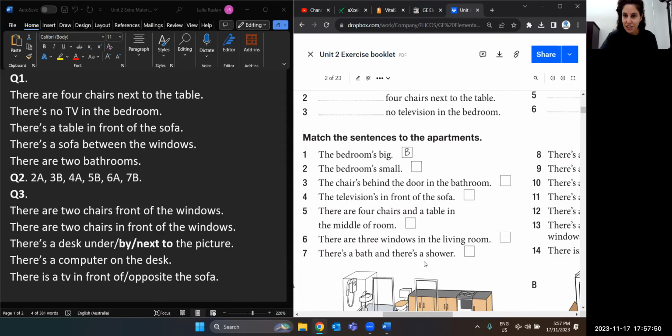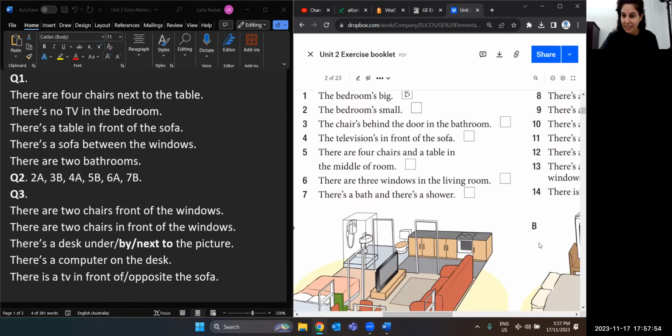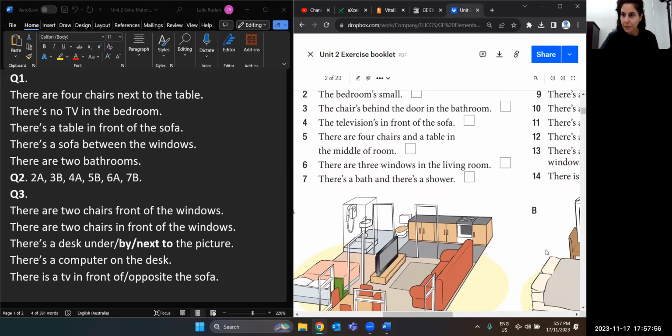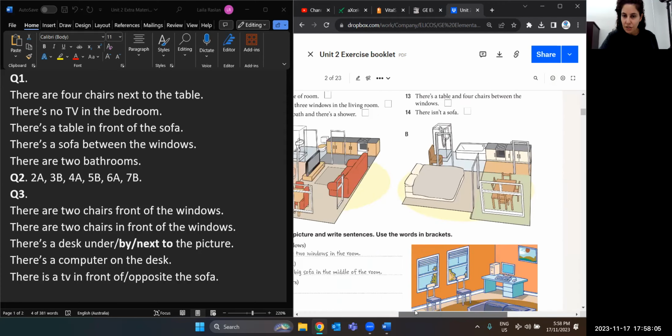Okay, let's match these sentences. So number 1, the bedroom's big. I can see that in image B. I'll show you the image like that.